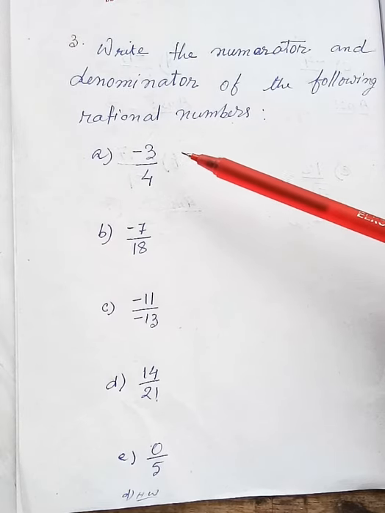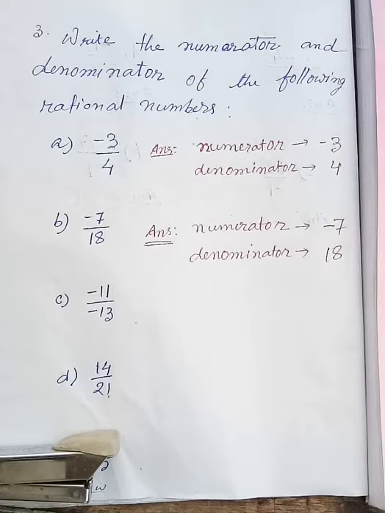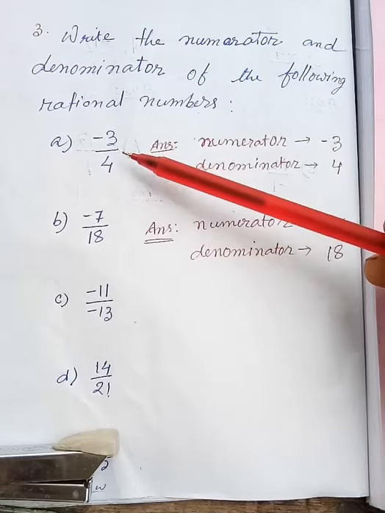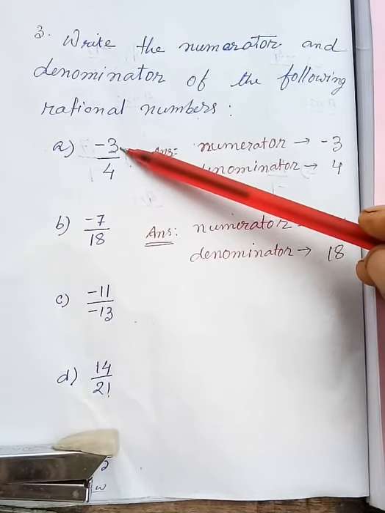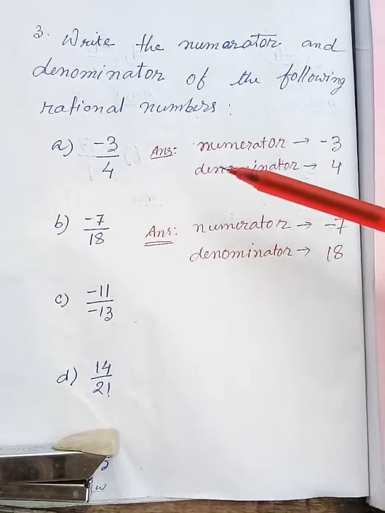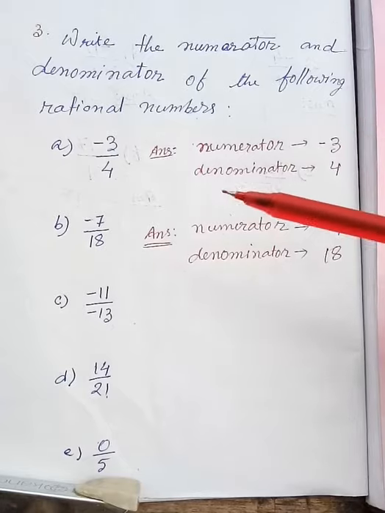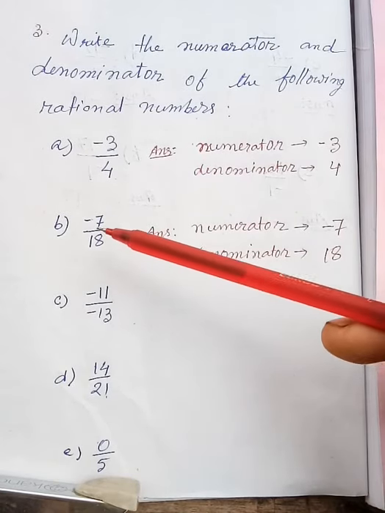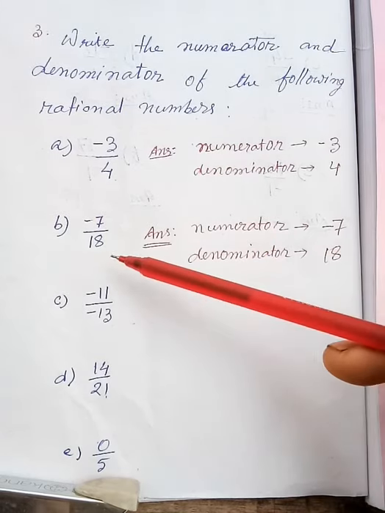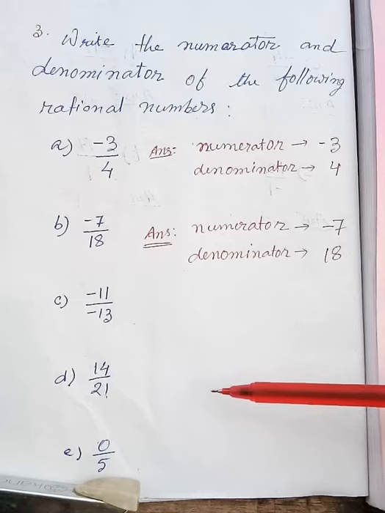You just mention which one is the denominator and which one is the numerator. In a rational number, the upper number you write as the numerator and the lower number as the denominator. Similarly for the other rational numbers also, the upper number is the numerator and the lower number is the denominator. So you can solve the rest yourself.